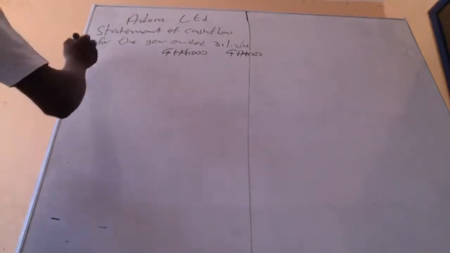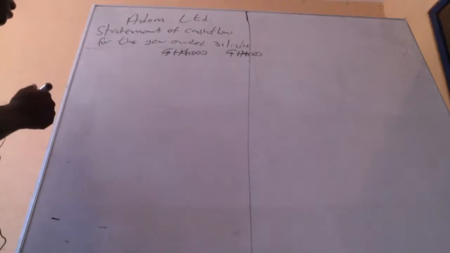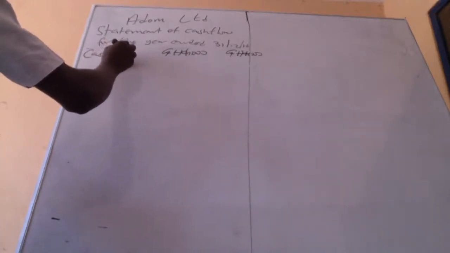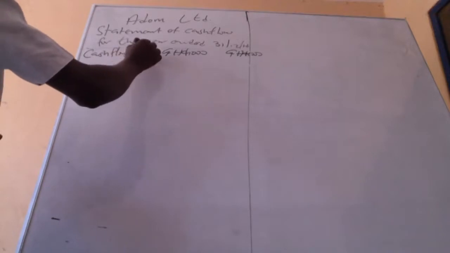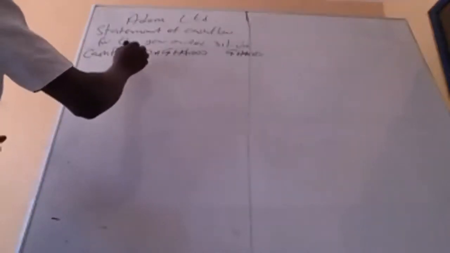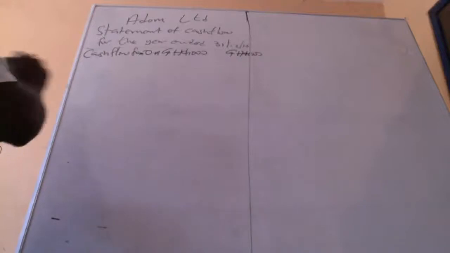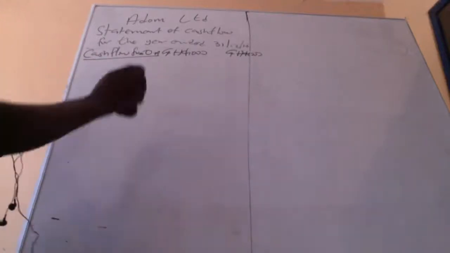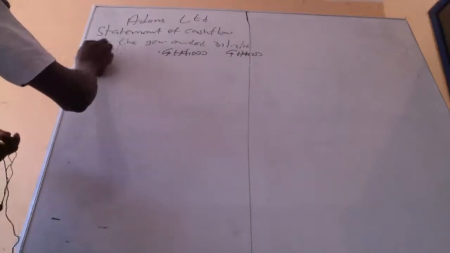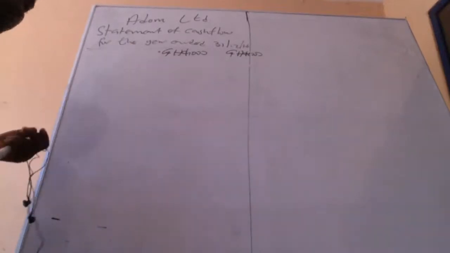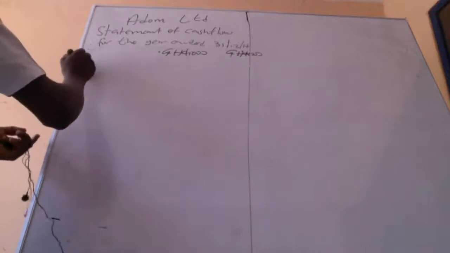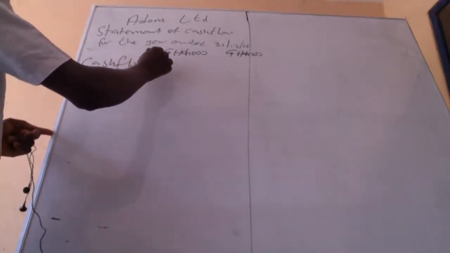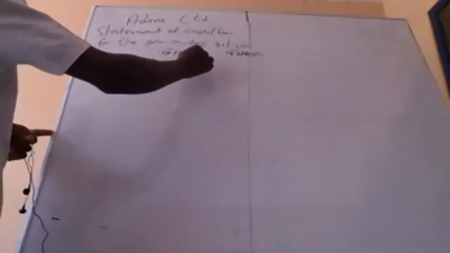Now, we start from cash flow from operating activity. So cash flow from OA. Please, no shortcut in exams. Cash flow from where? Operating activity. So cash flow from operating activity. Good.